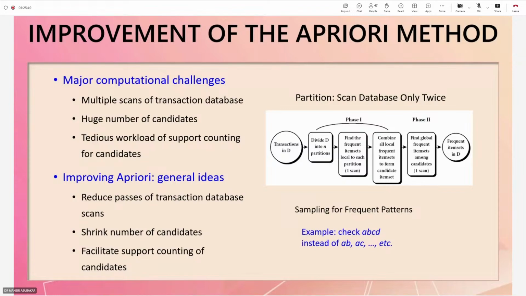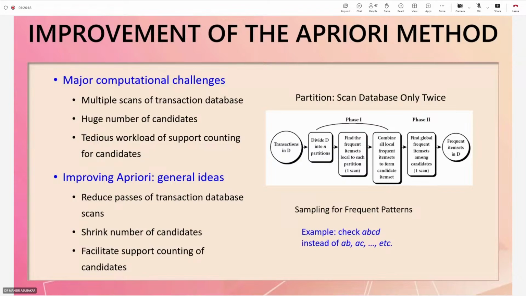If, for example, we measure the accuracy of the algorithm and it is good, but the execution speed is very low due to certain factors like many candidate generations, then we have to think of how to improve. So actually, there are ways for improvement. The major computational challenge that the Apriori algorithm has is the multiple scans of the transaction database.